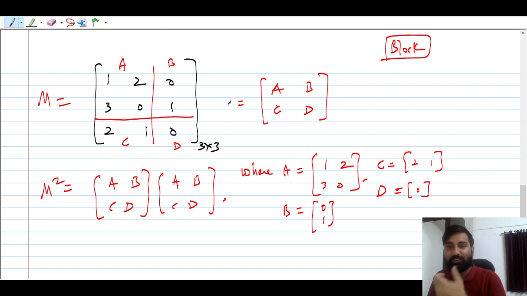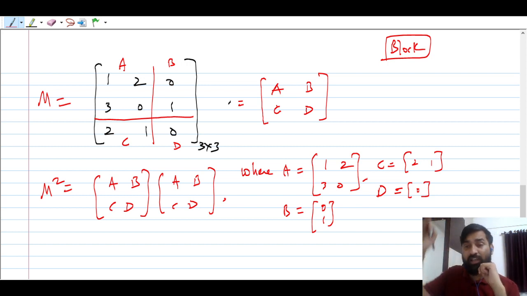If you are going to take the first row, multiply with the first column, then the first row with the second column, the first row with the third column, I think you are going to spend the whole day multiplying that matrix. But in this case, you are just multiplying two matrices.